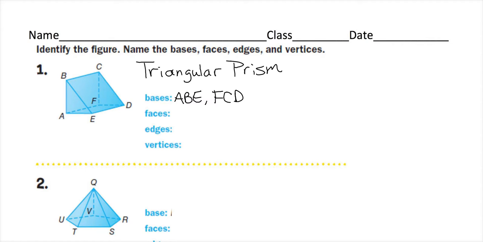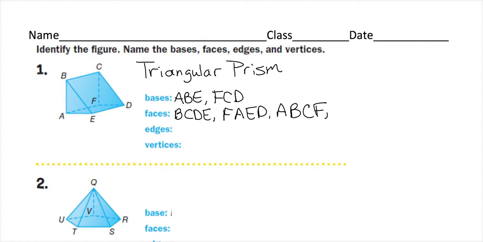The faces are going around, so they would be like the walls. If we stood it back up, what would be the walls? The walls would be B, C, D, E, and then F, A, E, D. Then we also have A, B, C, F. The ceiling and the floor also count as faces.